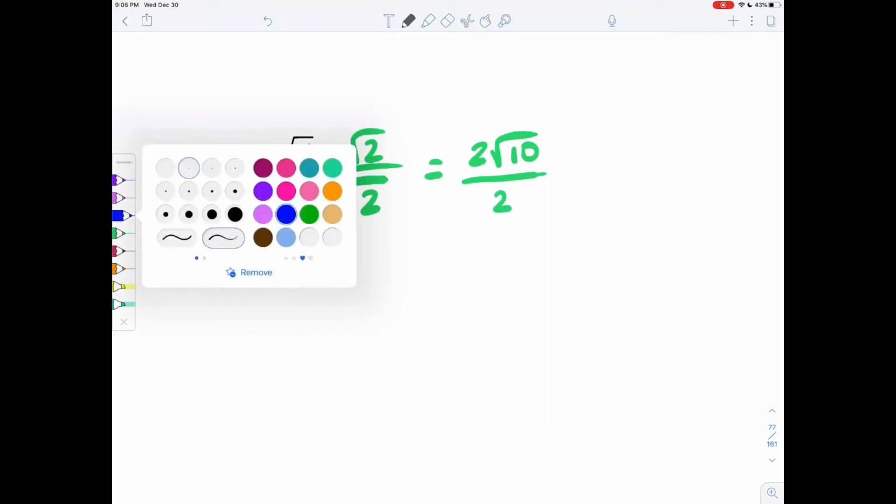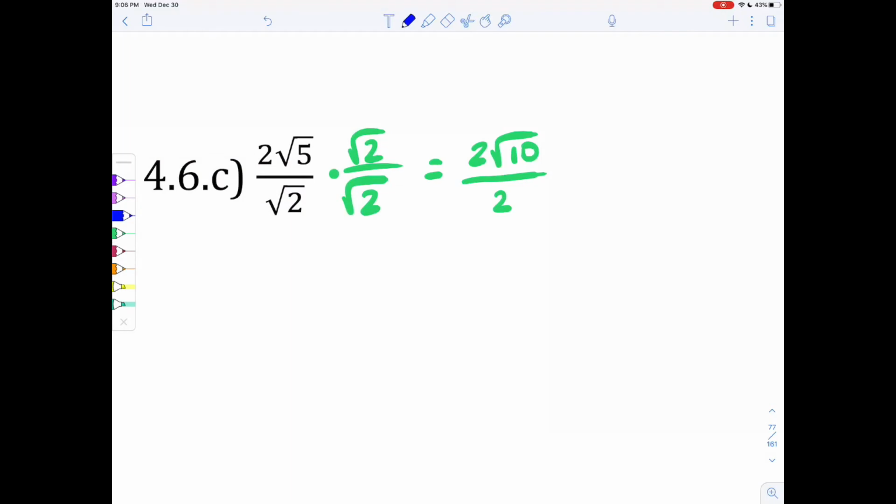Now this I can actually simplify because again, whole numbers with whole numbers, radicals with radicals. Looking at my whole numbers, both of those share common factors. In fact, 2 and 2 can be reduced to 1 root 10 over 1, or really just root 10, right? Because this here is not fully simplified.